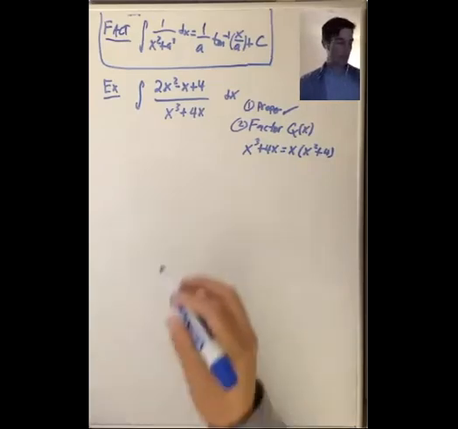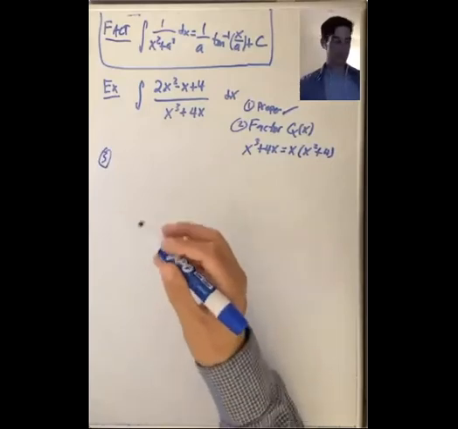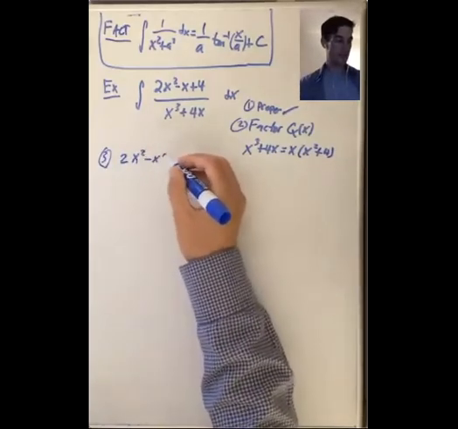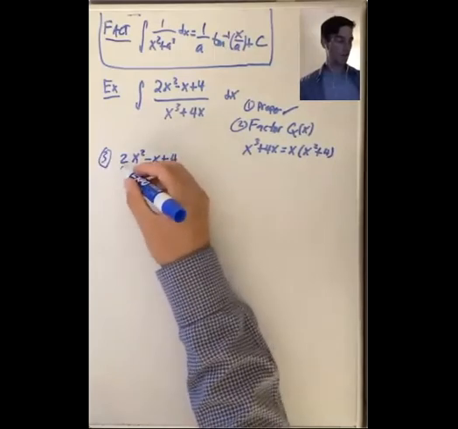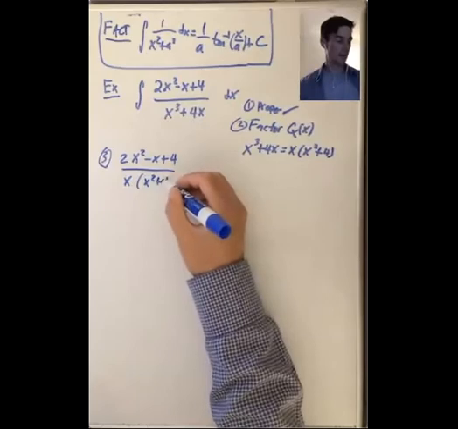Okay, so what does the method of partial fractions tell us? So we have 2x squared minus x plus 4 divided by x times x squared plus 4.